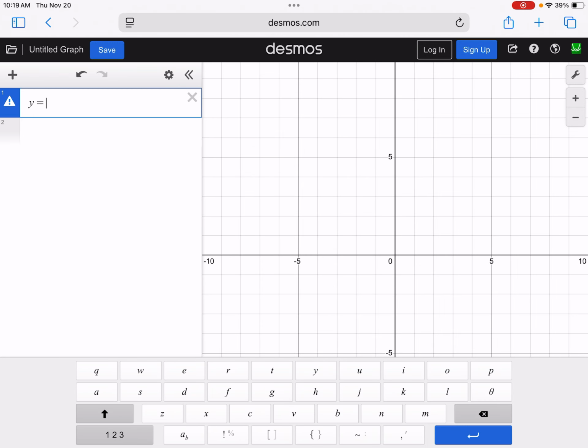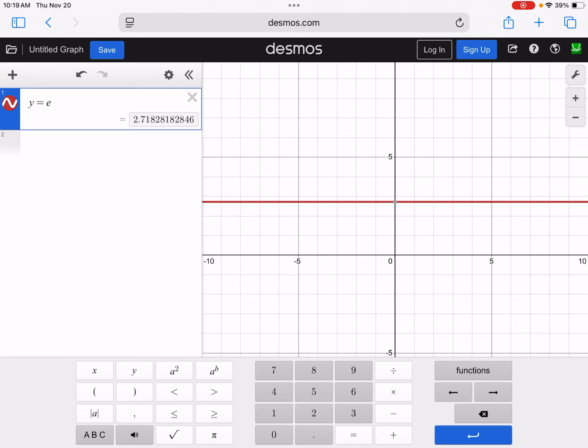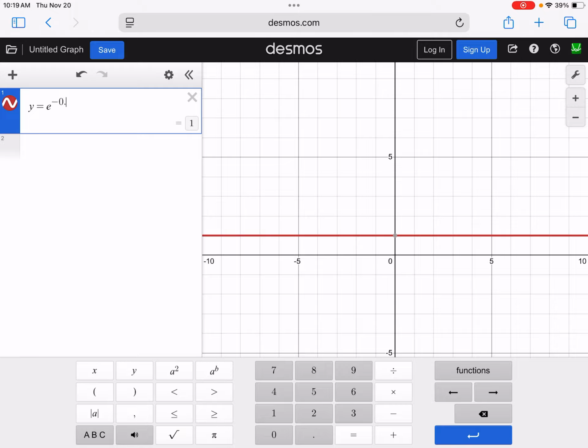So we have e to the power negative 0.0239 t. Instead of t, let me use x.